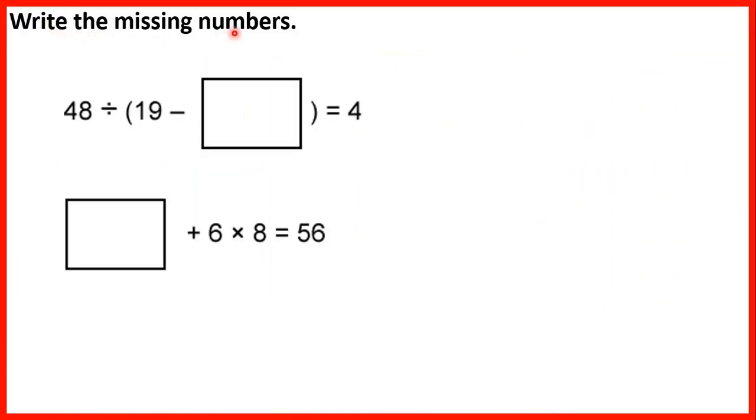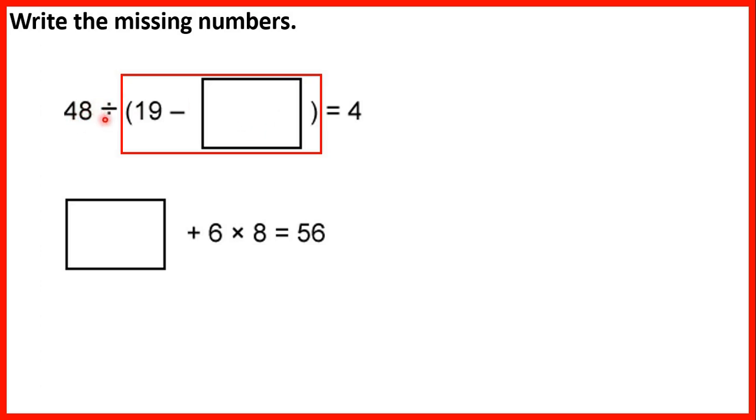Write the missing numbers. First, we have 48 divided by (19 minus something) equals 4. But the 19 minus something is in brackets, and when we see brackets in a calculation, we do what's in the brackets first.